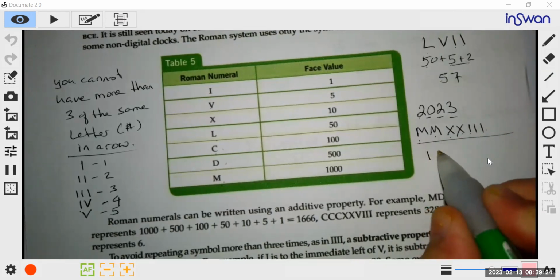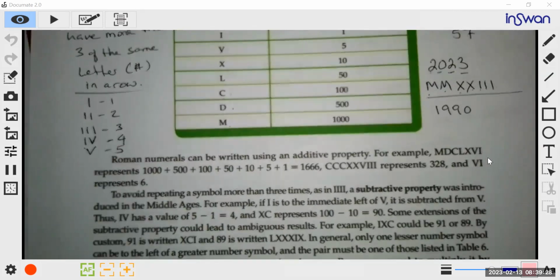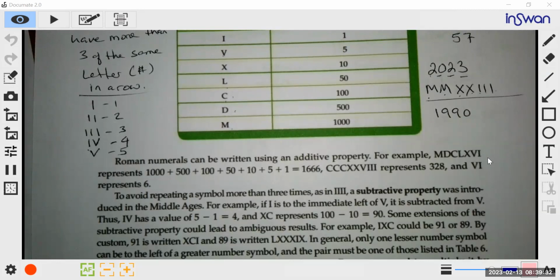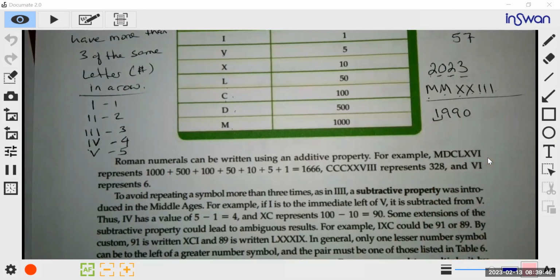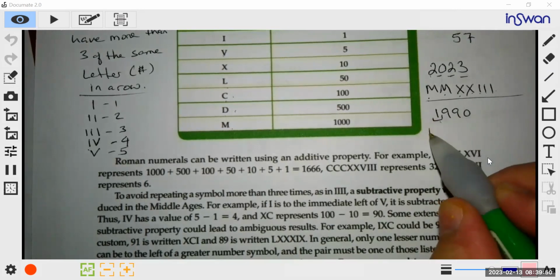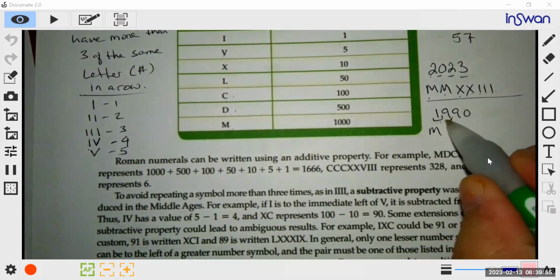Okay, how about 1990? So do we have a symbol for this number? A 1. How do we represent 900?